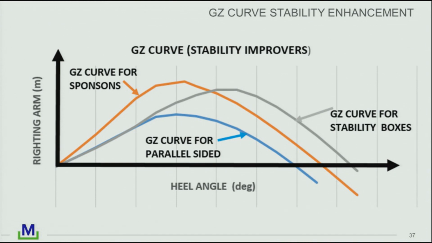This is to answer some of the questions you're asking about the stability boxes and so on. So the blue line is the GZ curve for the parallel-sided vessel, normal GZ. If you add sponsons on the side, noting that you're also increasing the drag as well, you've got a much bigger GM to begin with, and you get an increased range of GZ.